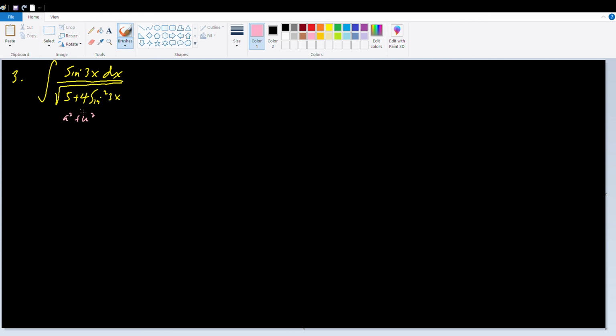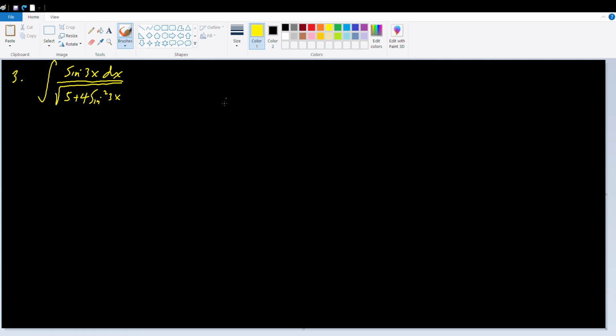But there is no such formula yielding an inverse trigonometric function for a radical a squared plus u squared. At the same time, notice the presence of sine 3x. We know that the derivative of cosine 3x is negative of sine 3x. So what we will do is, in the radicand, we will try to produce a cosine function.